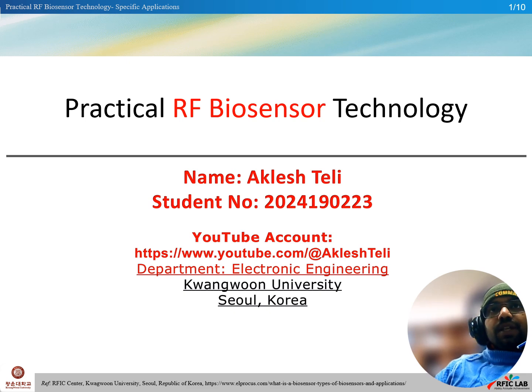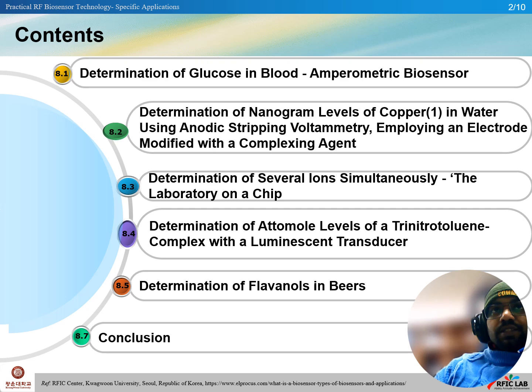Today I am going to talk about specific applications of radio frequency wave biosensor technology, and my outline for today is: determination of glucose in the blood using an amperometric biosensor.